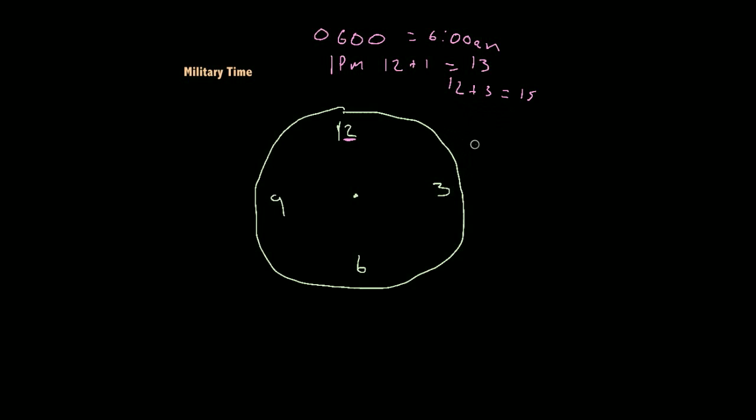Well, what I did to try and, again, make my life easy, instead of memorizing all 12 hours of the day and what they stand for and being able to remember them off the top of your head immediately, I memorized 3 o'clock as 15, 6 o'clock as 18, 9 o'clock is 21.